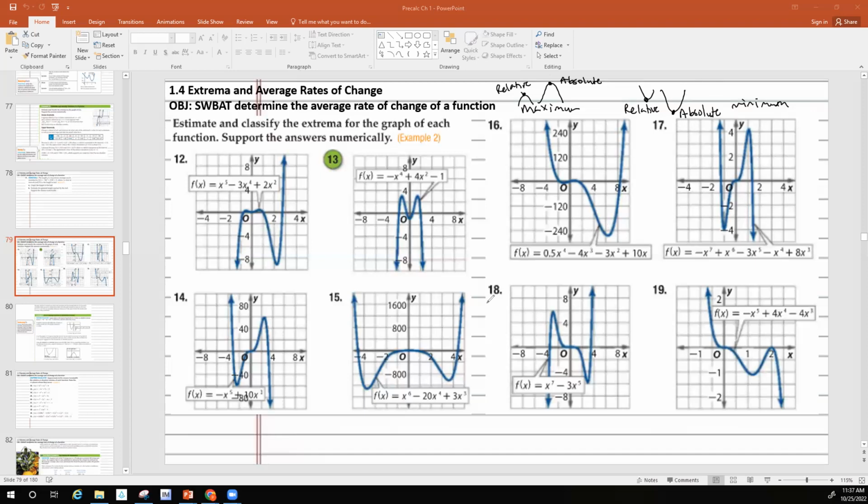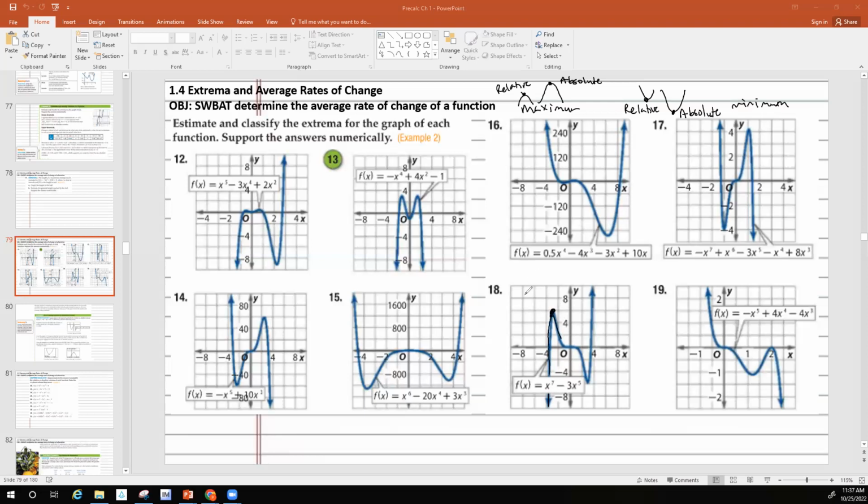So if we look at number 18, we have a minimum and we have a maximum here. So notice that it goes up, up, up, and then it starts to decrease right there. That's our turning point.